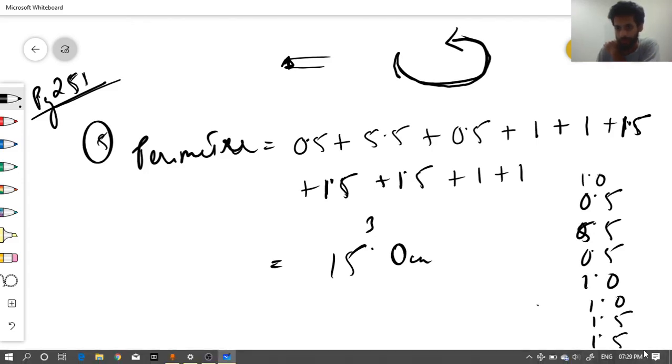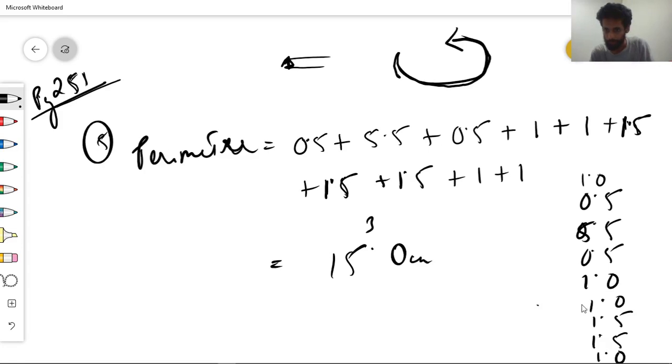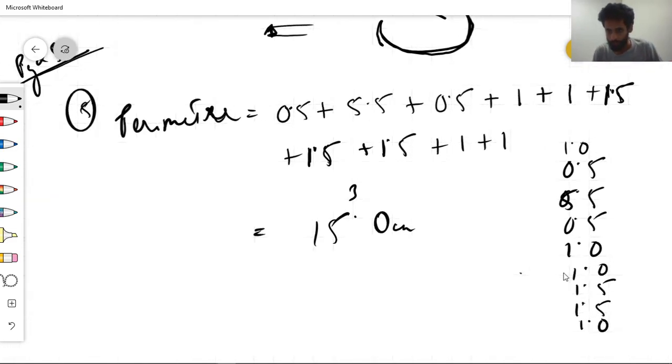Why did I get more? Let me recount. This 0.5, 5.5, 0.5, 1, 1, 1.5, 1.5. Well, there is one more 1.5. Okay, now you can do it.